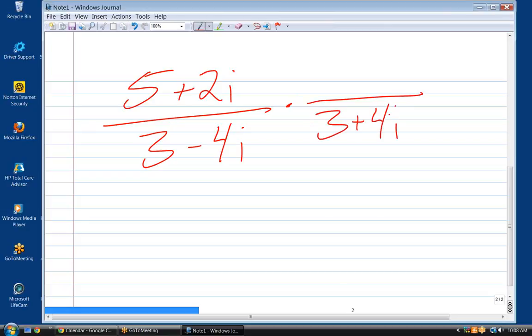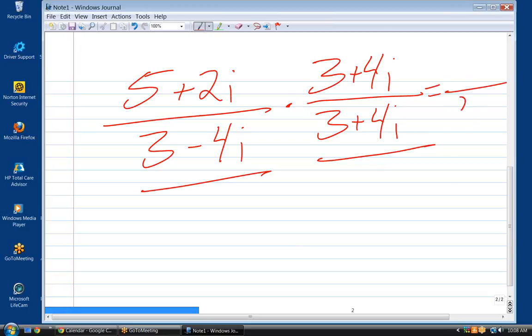The conjugate of an imaginary number is just with the sign different in the middle. Since I multiply the bottom by that, I have to multiply the top by that also. The advantage of multiplying by the conjugate is you get rid of the imaginary part. The only thing you have left is 9 minus 16i squared, because the two middle terms cancel out when you do this multiplication.